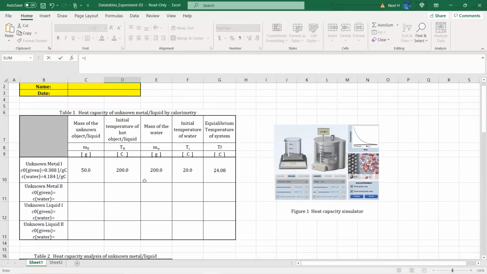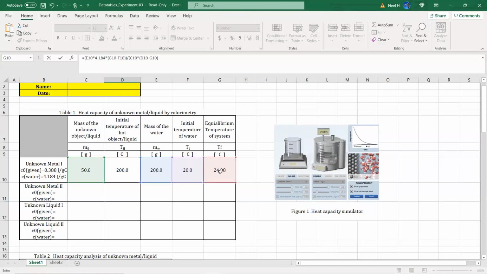Mass of the water, click on cell E10, multiply by the specific heat capacity of water, 4.184, and multiply by parentheses, temperature difference, final minus initial, G10 minus F10, close bracket, then divide by open bracket, mass of the unknown metal, multiply by parentheses temperature difference. Usually it is T final minus T initial, but I got rid of the negative sign, which means I can write T hot minus T final, okay?